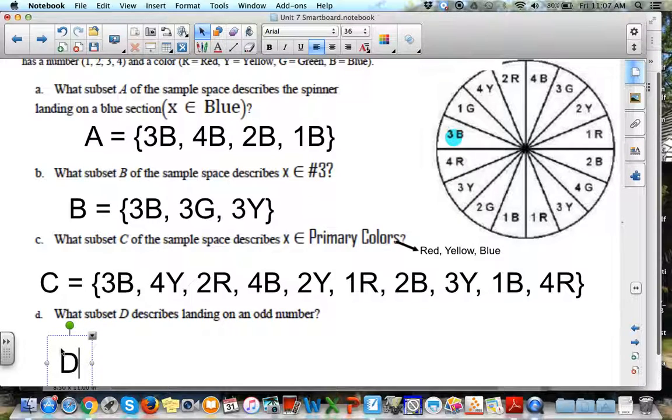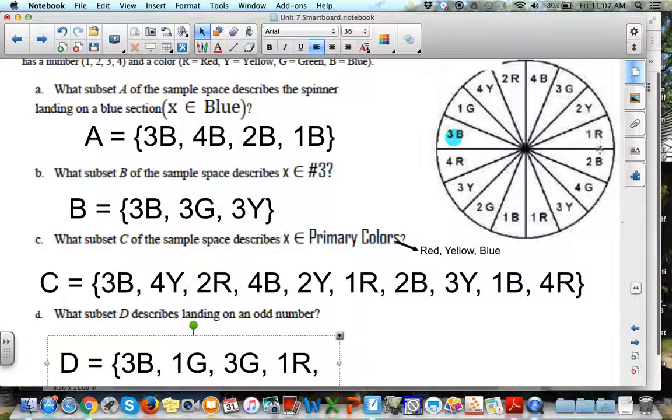Again, we don't want to repeat, so we have to be careful with that. So starting at our 3B, that's an odd number. 1 green, not 4 yellow, not 2 red, not 4 blue. Put 3 green, not the 2. We've got our 1, not the 2, not the 4, but the 3.